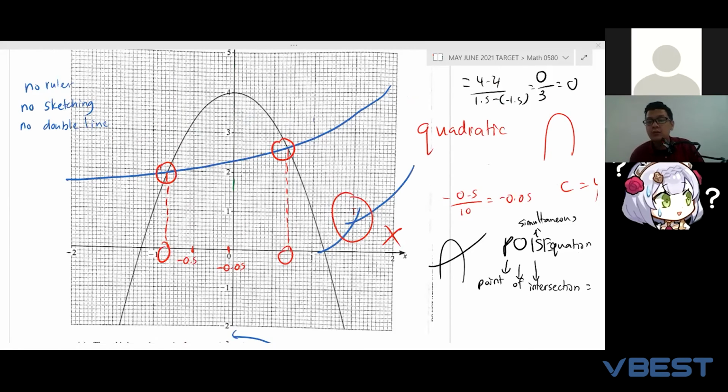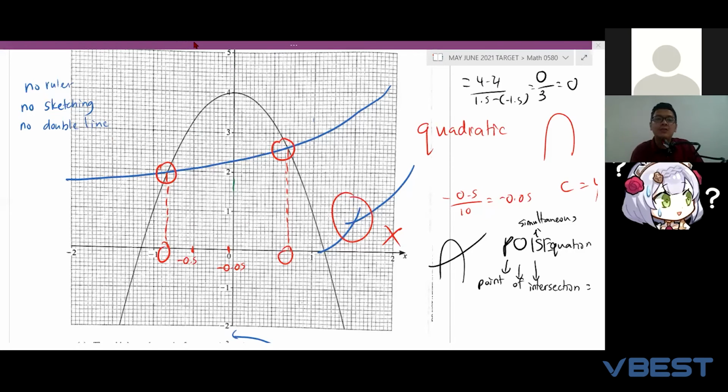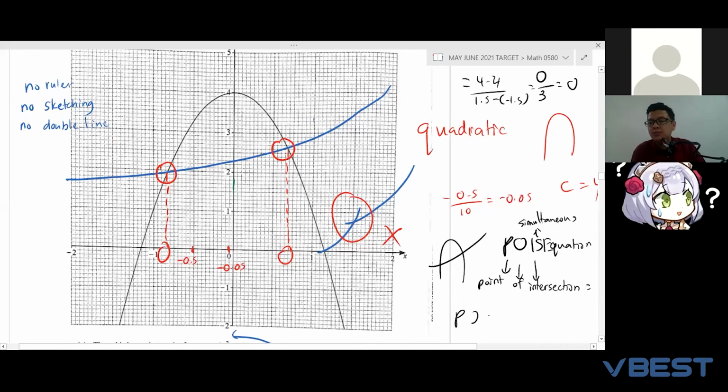So I already told my students that in any point of intersection, always use POI. This might be a new word for you. POI means point of intersection must be equal to simultaneous equations. So what is the meaning of simultaneous equations? You actually substitute from one to the other.